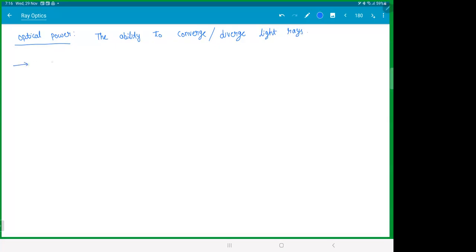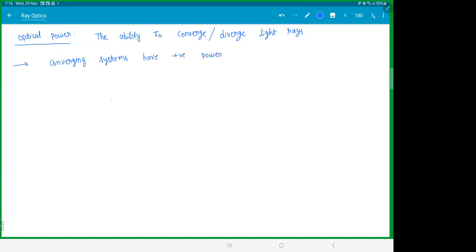So this is a convention normally. Converging systems have positive power. So if a system is converging light rays, we say it has positive power. Most of us have glasses with negative power. My eyesight is minus 5.5. I have positive power.